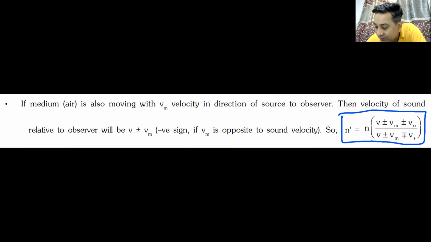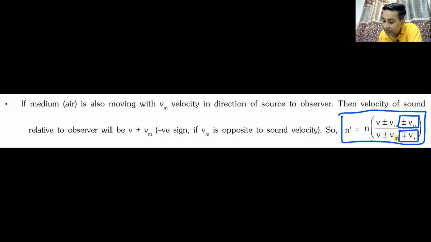In the last case it is minus or plus. So remember, in the denominator it is minus plus and in the numerator it is plus minus. That is the difference between the numerator and the denominator.